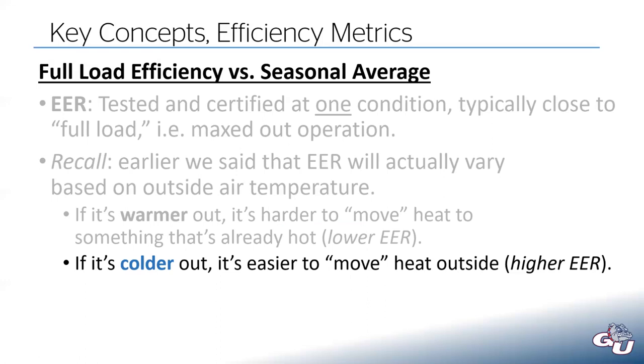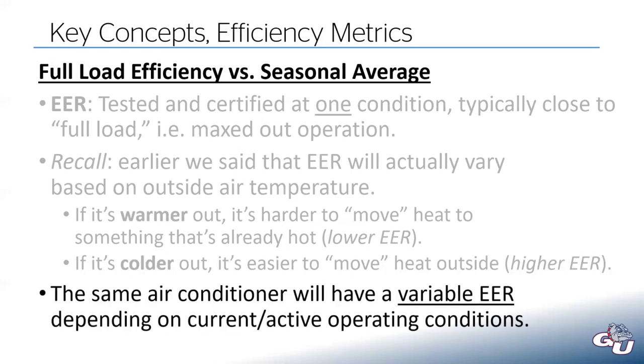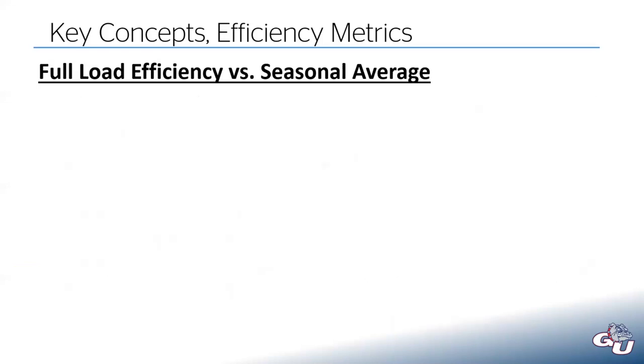So if you have a nice 80-degree day, you would still need air conditioning on an 80-degree day, but your unit is going to be more efficient because it's not as hot outside. It's going to have an easier time moving that heat. So the bottom line, this same air conditioner will have a variable EER depending on what is going on at that exact moment. And so this is how we arrive at this idea of seasonal average efficiency.